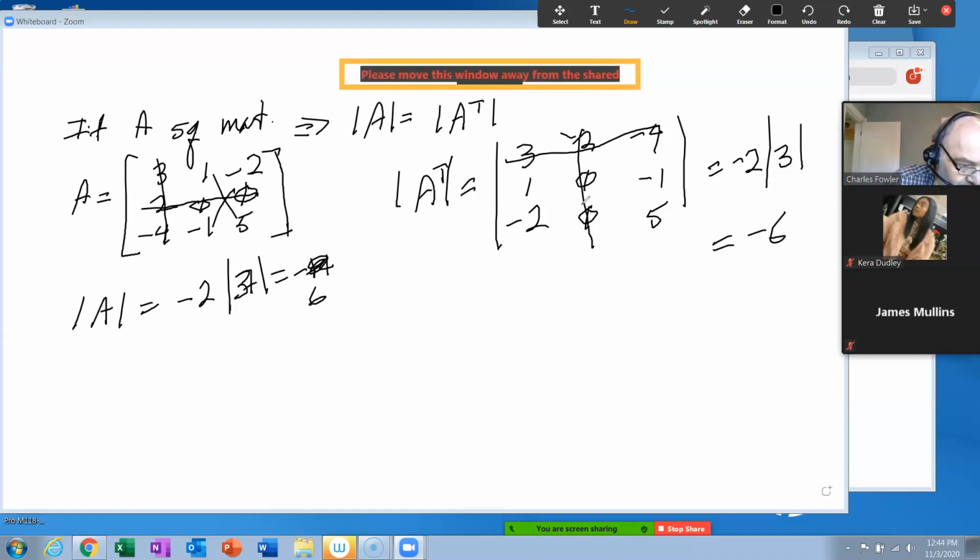That's going to lend itself to what an adjoint of a matrix is, and then from that we'll be able to solve a system of equations. Those are the beginning of what we're doing with applications of determinants.